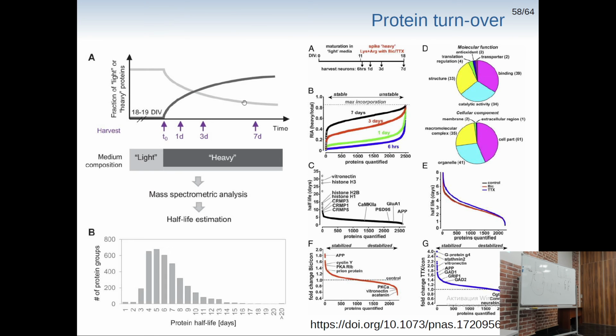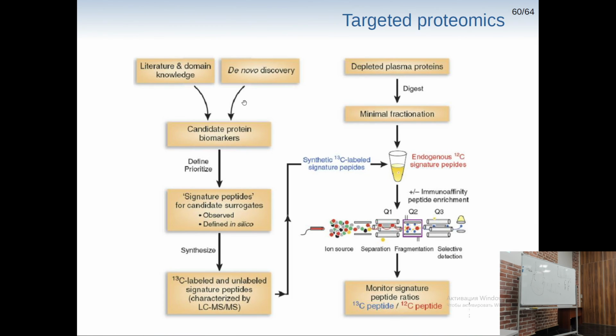And we can digest those two proteins into peptides which contain this arginine. We can mix those two, or even if it is a culture, we don't mix because we have old protein and new protein, and we can get this information.